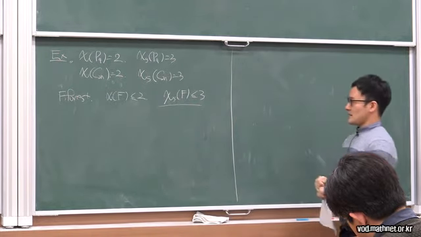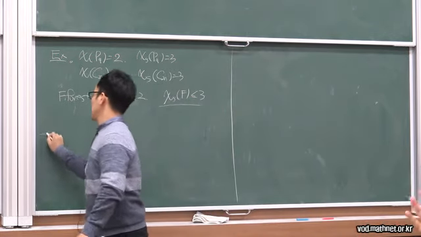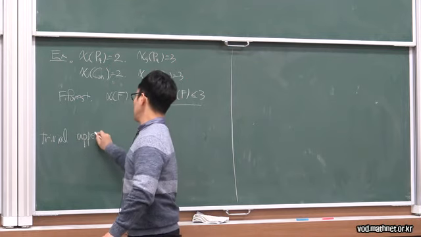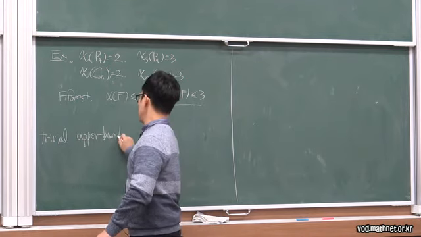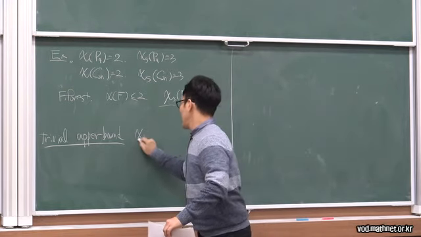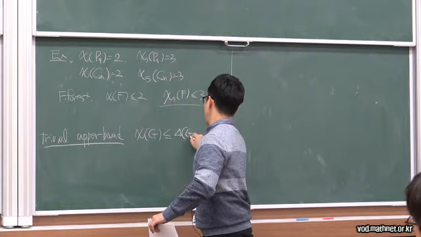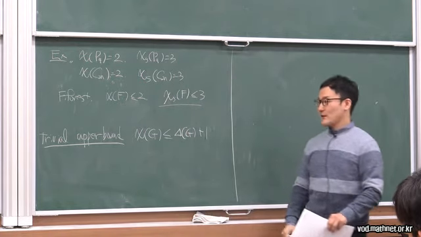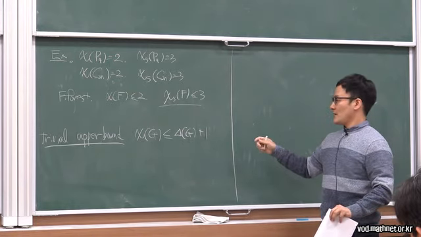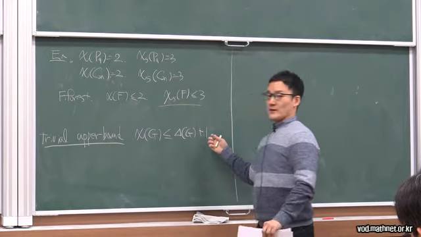Let's think about some trivial upper bound. For proper coloring, you have the trivial upper bound delta(G) plus 1, the maximum degree of G plus 1. But for star coloring, it doesn't work.